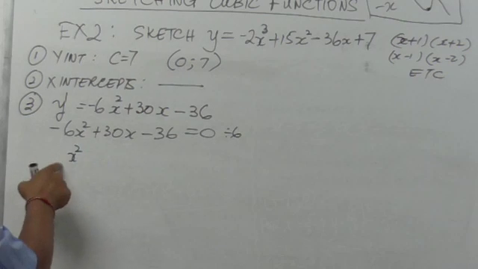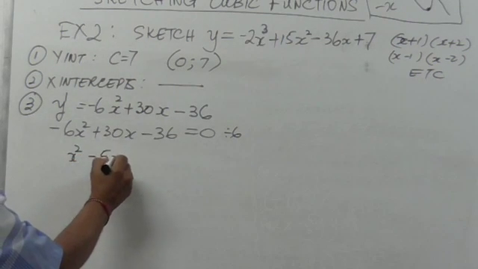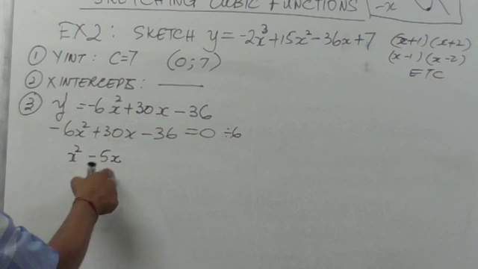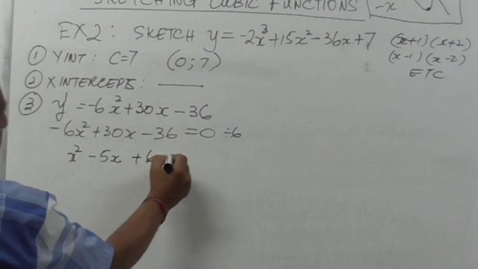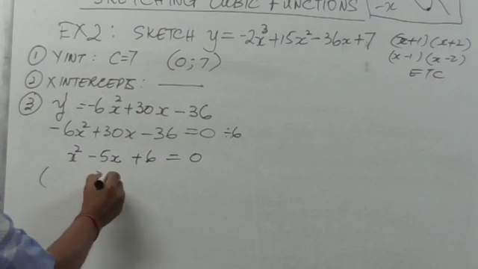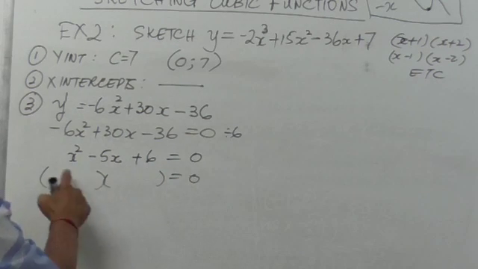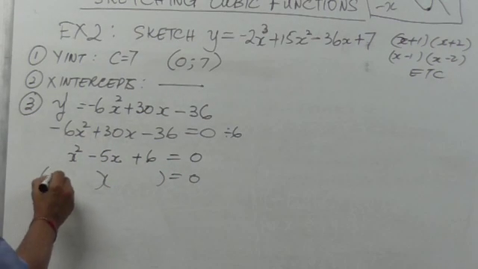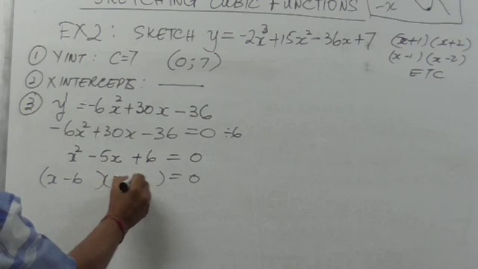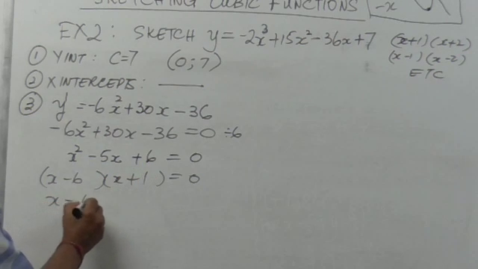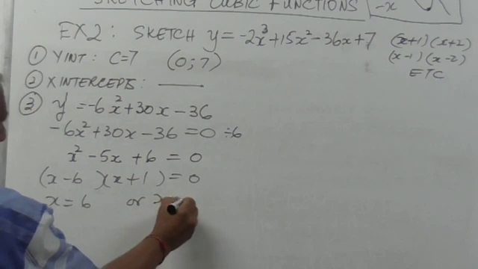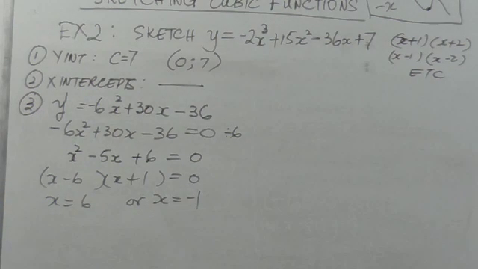So this will become x squared minus 5x plus 6 is equal to 0. And this will factorize nicely. That will give you x minus 6, x plus 1, x is equal to 6 or x is equal to negative 1.